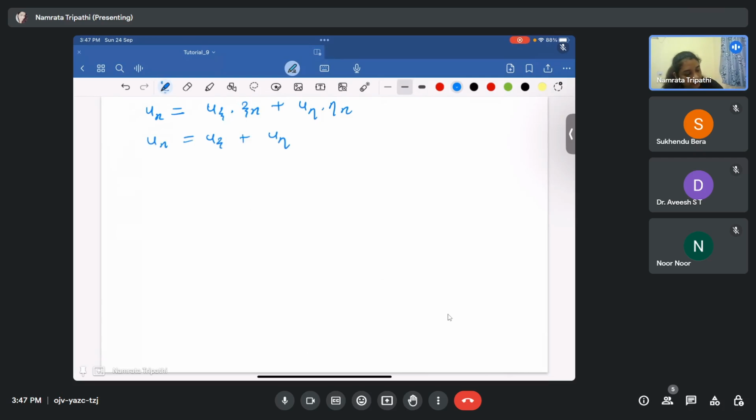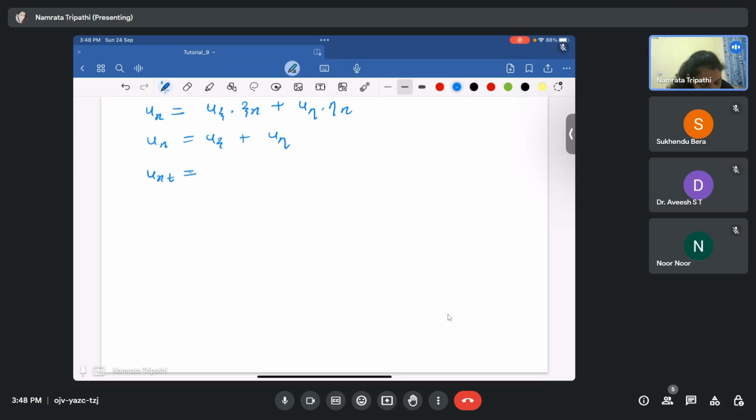Now, what will be the value of uxt? xi x xi t u xi xi plus xi x eta t plus eta x xi t into u xi eta plus eta x eta t u eta eta.